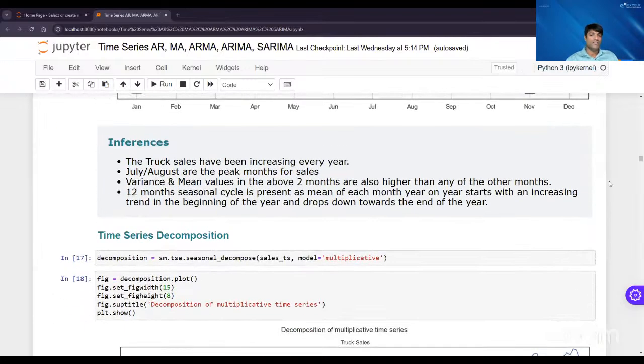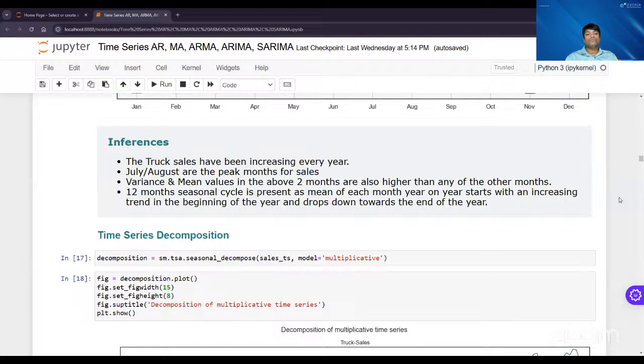So what we have done. So basically the sales are increasing every year. So that we can already see with our eyes. And by the graphs, we can also observe that there are a few months which have a lot of peaks. Okay, particularly July and August. So what is happening is mean and variance is shooting up for these particular 2 months compared to the other months.